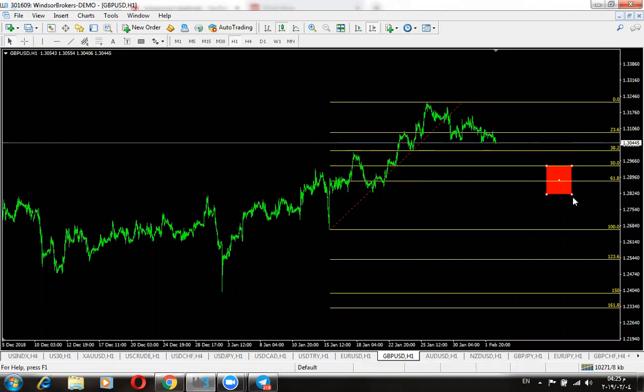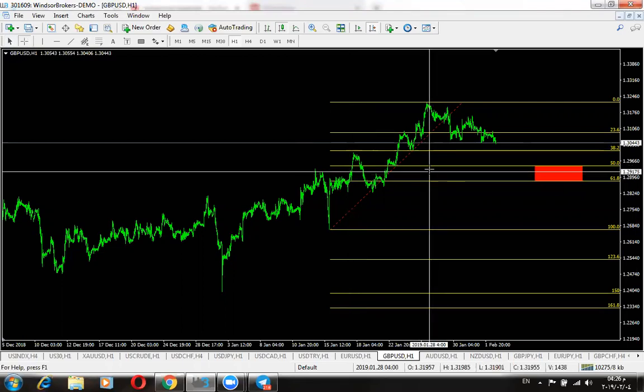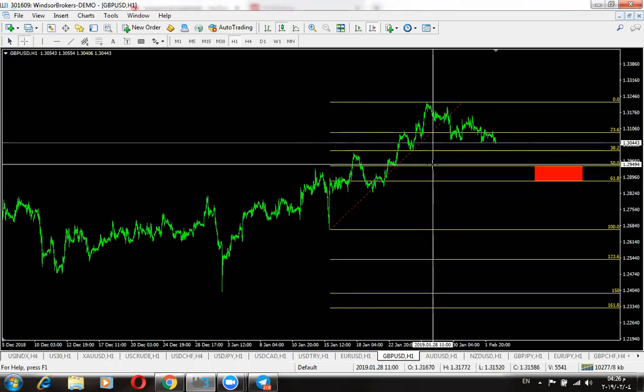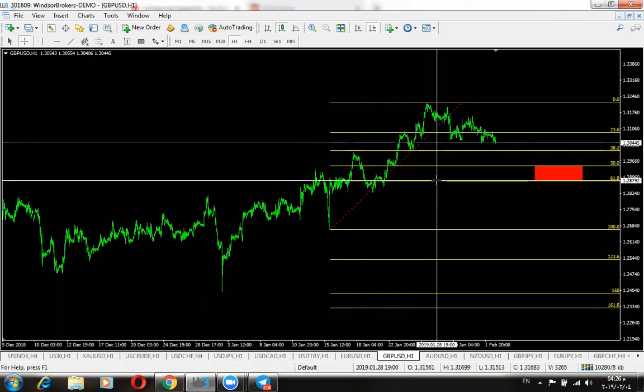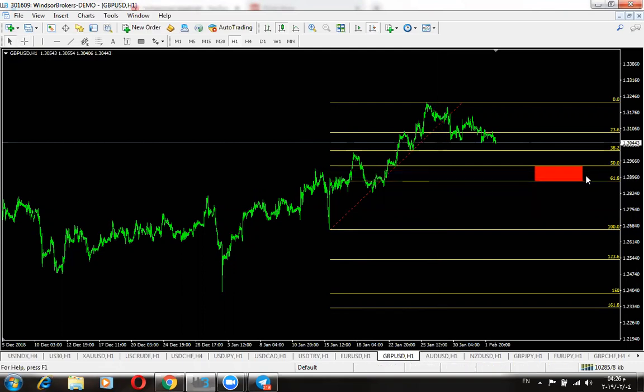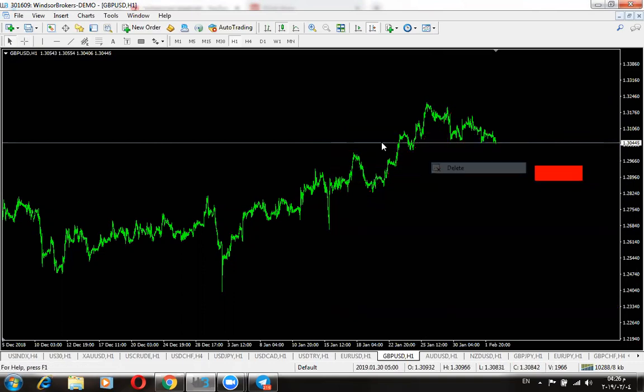In this week, I'm expecting the price to reach this zone, which is about 1.2950 and 1.2880. This is the area we are expecting to see the pound going down to.